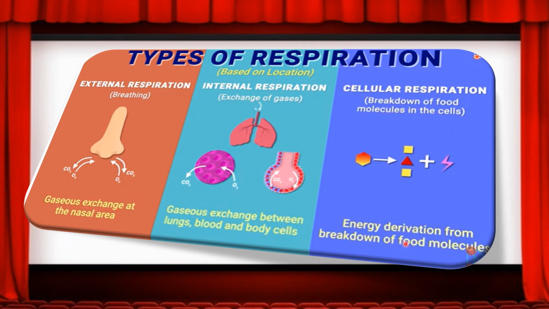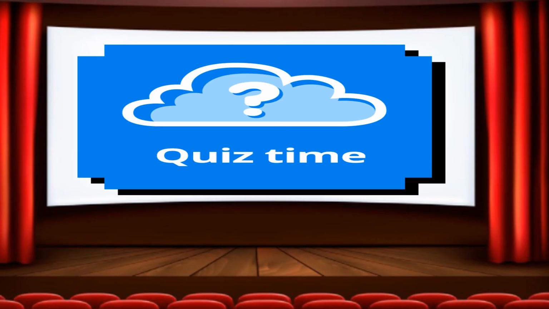This is our food, then it needs oxygen to break down the food and to release the energy that we need in our daily activities. So these are the three types of respiration.